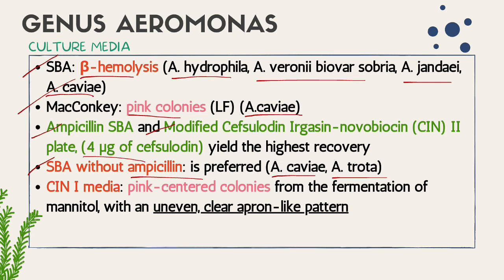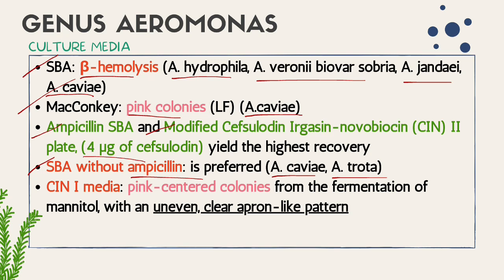There are some cases that the ampicillin can inhibit the growth of Aeromonas caviae and trota. So, we can use SBA without ampicillin and in conjunction with our modified cefsulodin irgasan novobiocin CIN plate 2. So, again, for our cultivation of Aeromonas, we can use sheep blood agar without ampicillin and modified CIN2 plate.